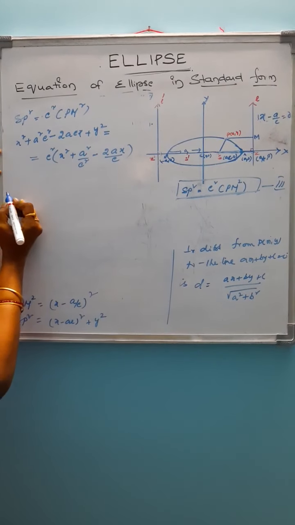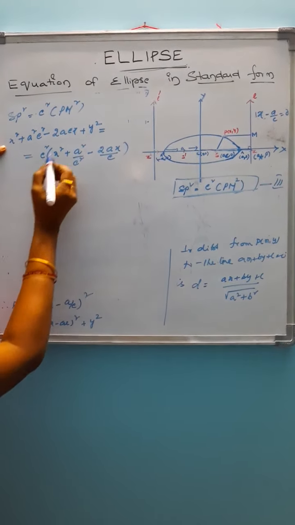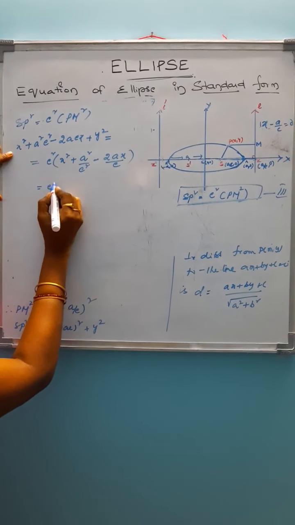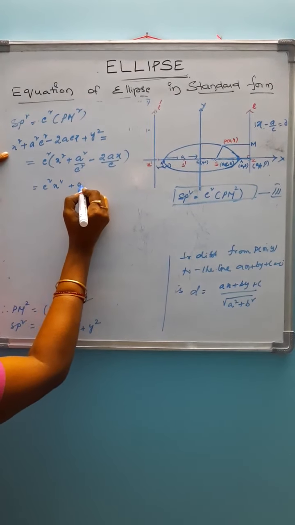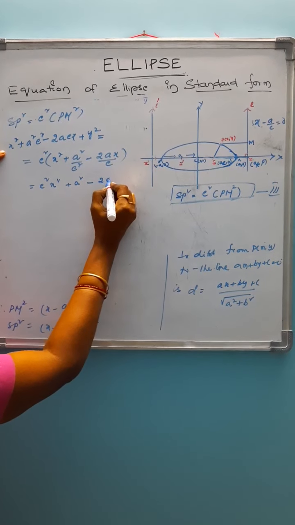By simplification, this is equal to e square x square plus a square minus 2aex.